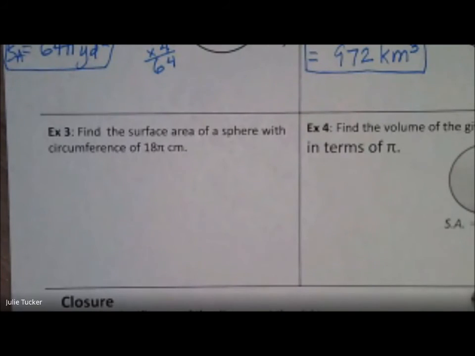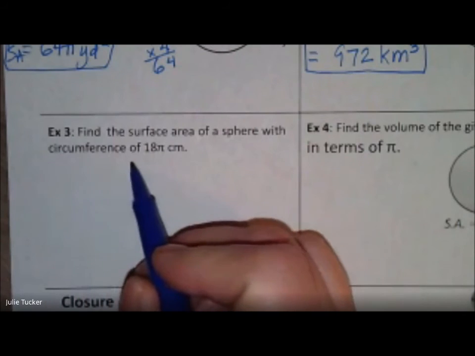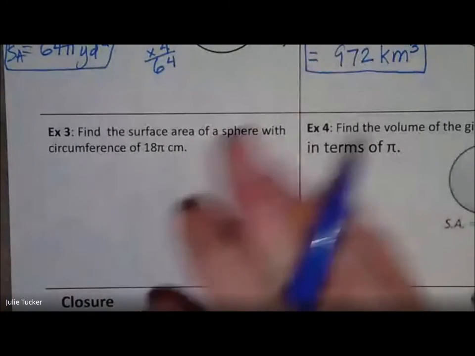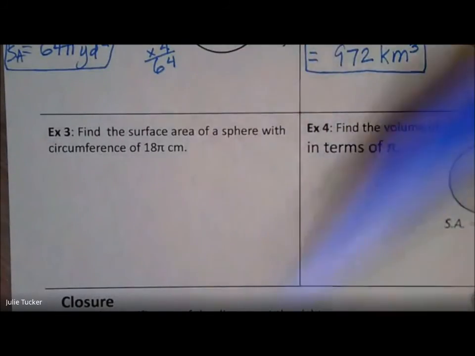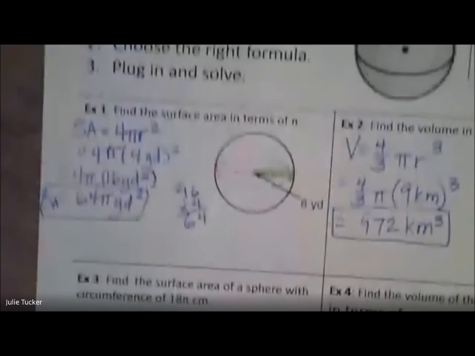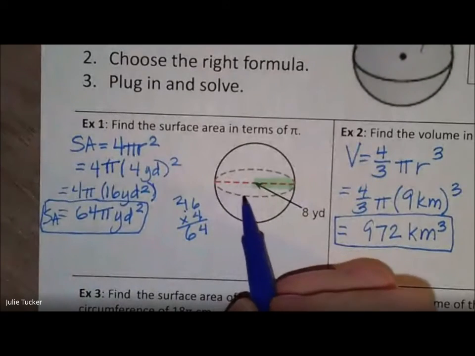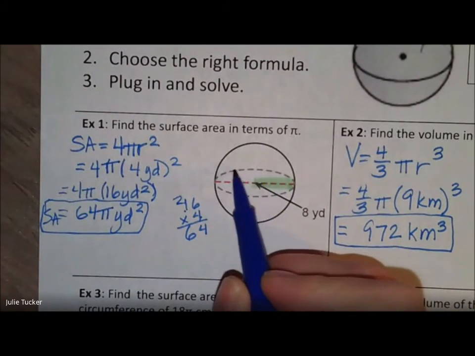So then we just need to do this differently. Okay, so if the circumference has 18 pi centimeters, they must be talking about the circumference of what is called a great circle. So this dotted line here.